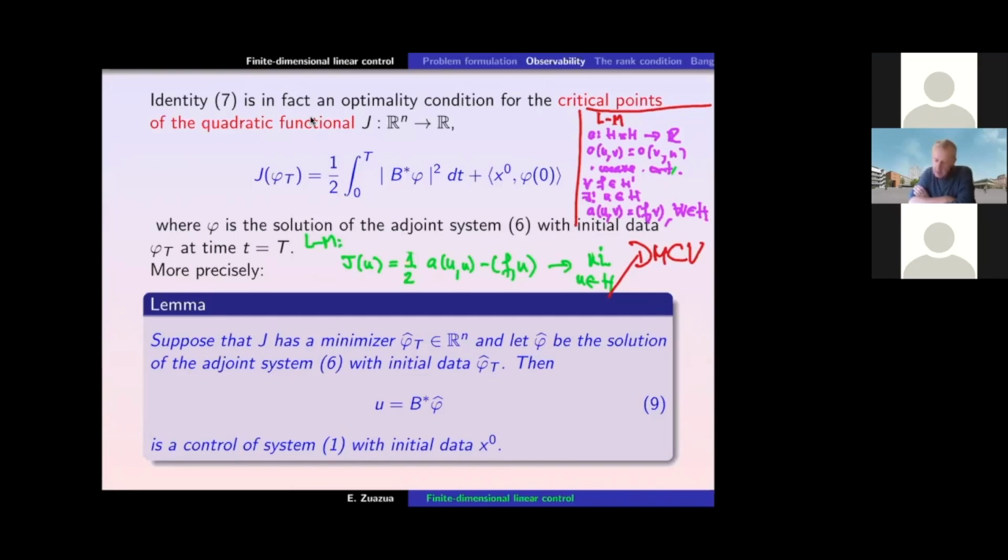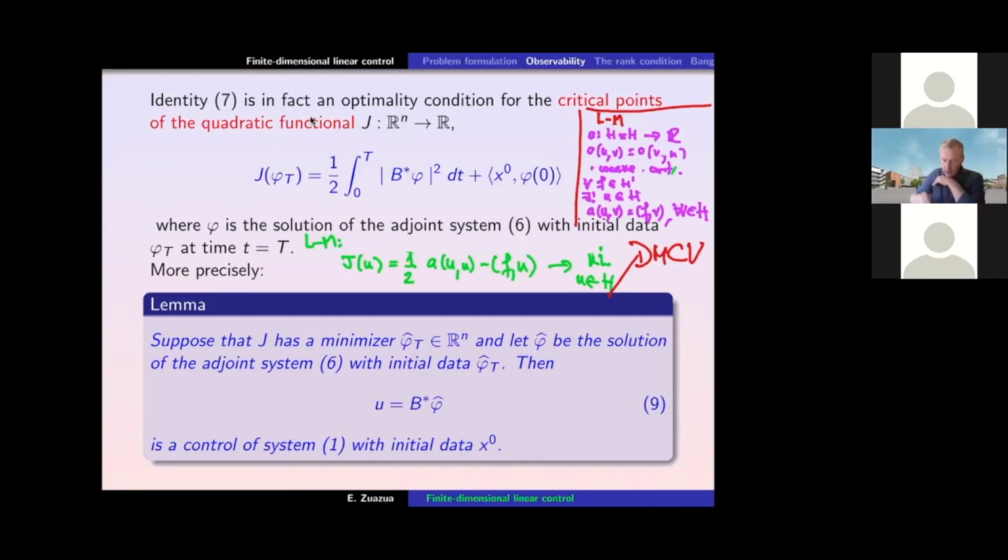The only thing I have to do is define the infimum of the functional J, build a minimizing sequence, and show that the minimizing sequence is bounded because of the coercivity of the form and the functional. Then the minimizing sequence is bounded. I am in a Hilbert space, so I have a weakly convergent subsequence. I take the limit, and this limit is the minimum. Why? Because the functional, being convex and continuous, is weakly lower semi-continuous, and that's it. I have the minimum.